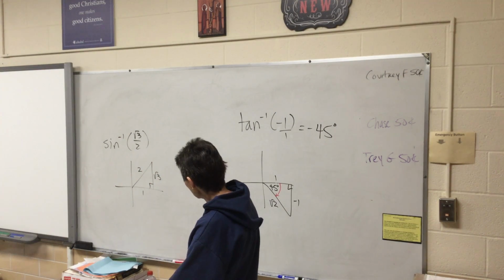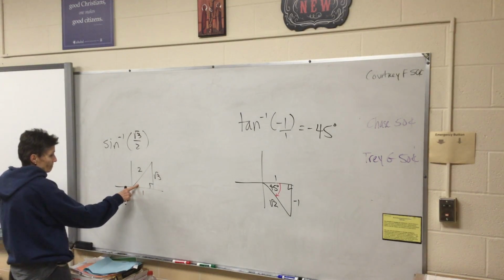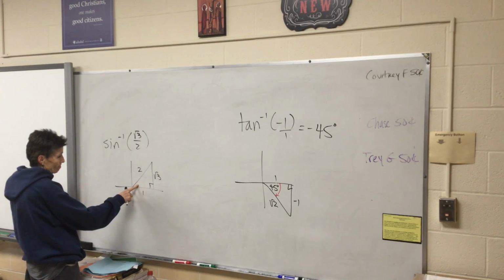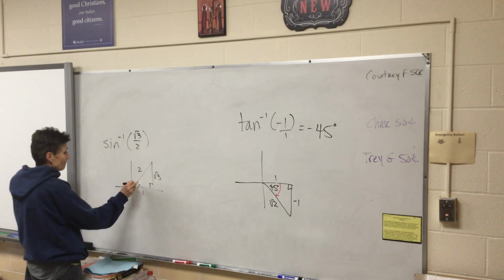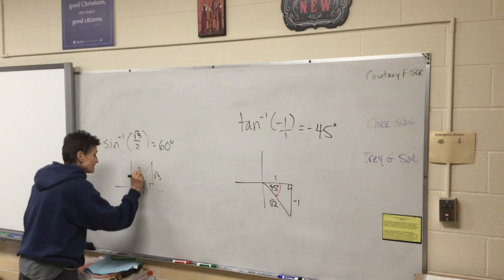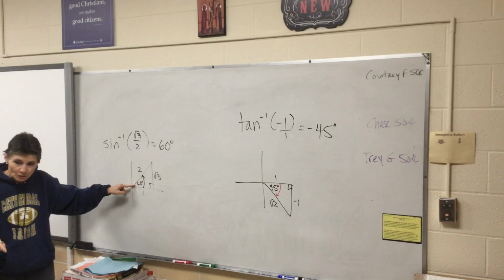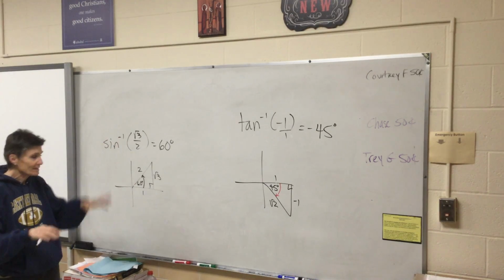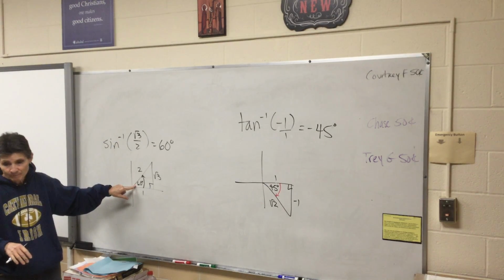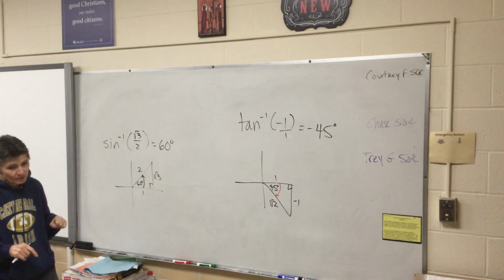How big is the angle then? 60. Yep. And when you're in quadrant 1, isn't that angle just the answer? You don't have to make it negative. You don't have to do anything to it. Quadrant 1 is easy. So the answer is 60 degrees.